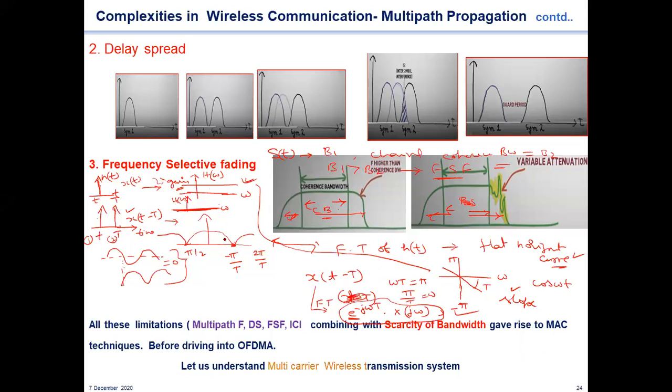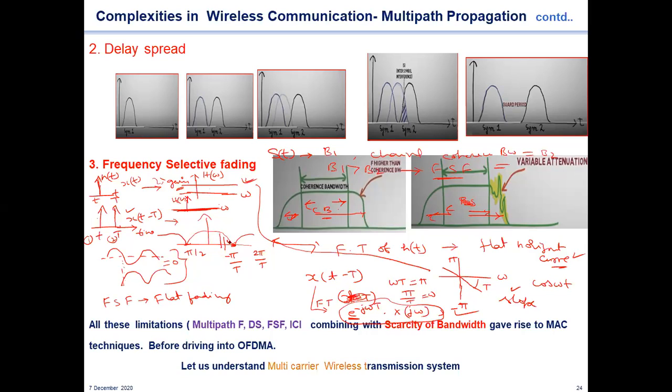Okay, so some here, some here. So generally, what we do is convert this frequency selective fading into flat fading. Suppose it's a narrow band, then there is no fading.